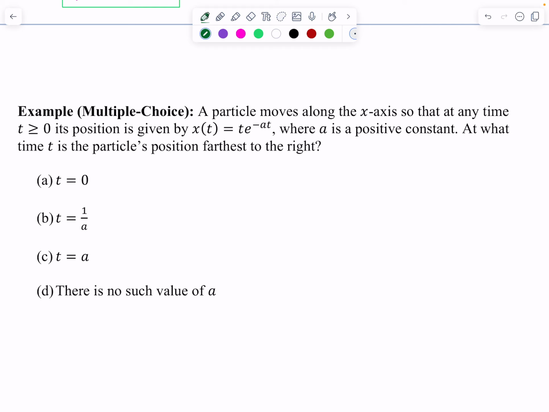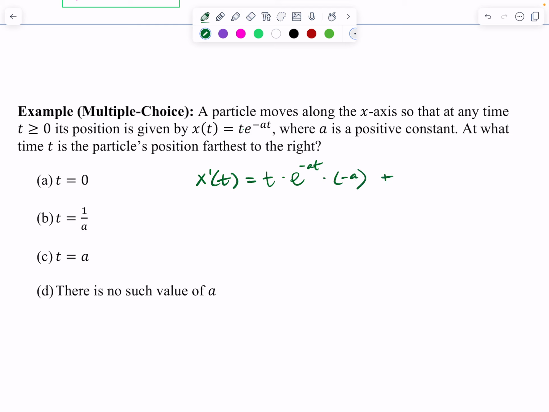And to do that, I would need x prime, which would represent the velocity function. So this is t times e to the negative at. Thinking product rule, we would have first factor times derivative of the second factor. Okay, using chain rule there.